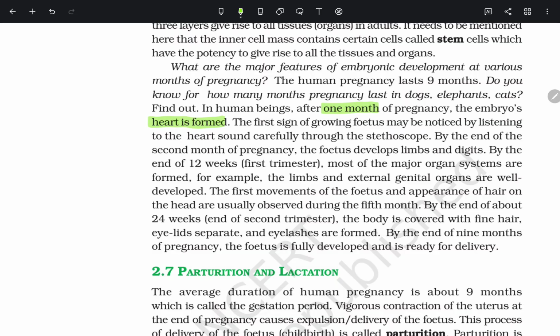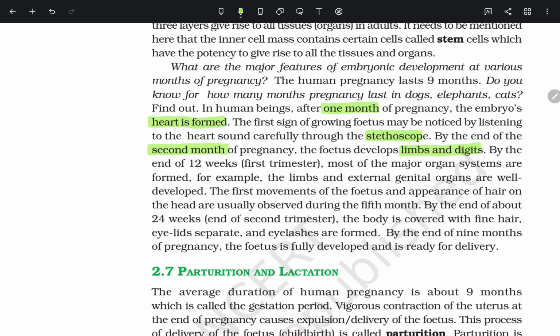The first sign of a growing fetus may be noticed by listening to the heart sound carefully through the stethoscope. By the end of the second month of pregnancy, the fetus develops limbs and digits.